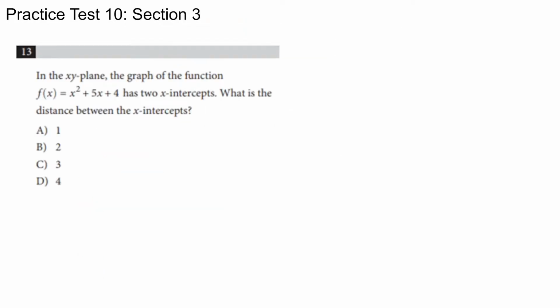Question 13 says, in the xy plane, the graph of the function f of x is equal to x squared plus 5x plus 4 has two x-intercepts. What is the distance between the x-intercepts? When I'm looking for x-intercepts, I know my y value is equal to 0. So I'm going to set my equation equal to 0.